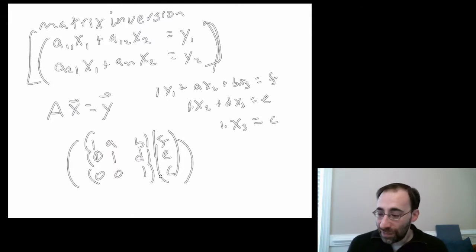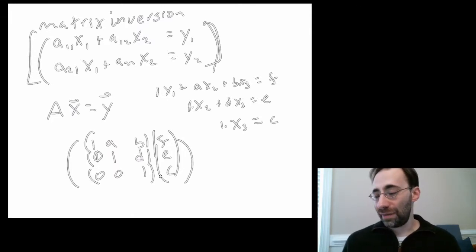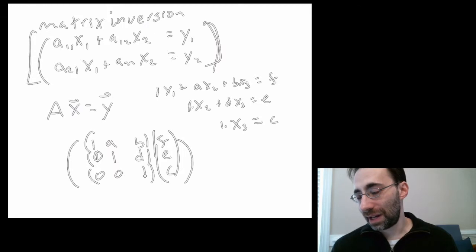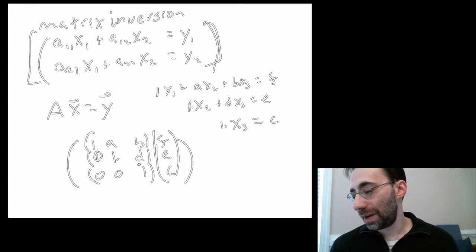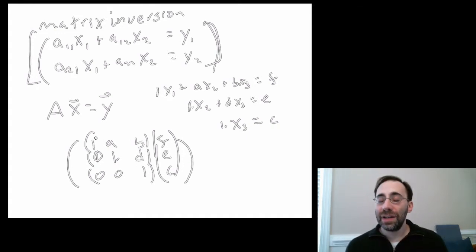This row echelon form allows you to quickly solve. It tells you directly that x3 equals c. You can plug in c times d, subtract that from e to get x2 quickly. Then plug in x2 and x3 here, subtract from f, and you get x1 easily. So really it's just a way of keeping track of elimination.